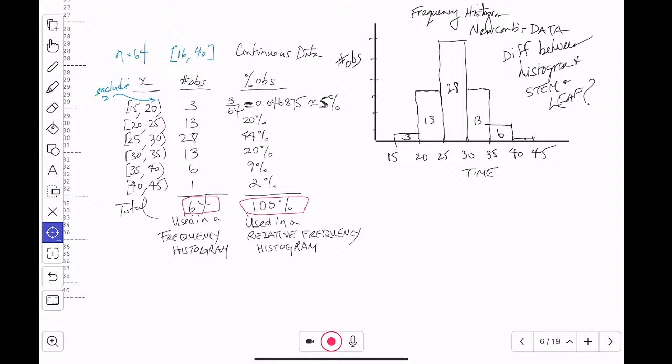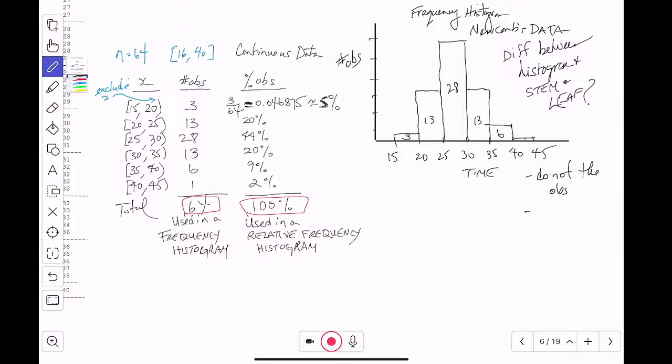What is the advantage of the histogram? Well, one thing is you do not see the observations. I don't know if it's bad, that's a strong word. It's not necessarily bad, but we don't see that detail.